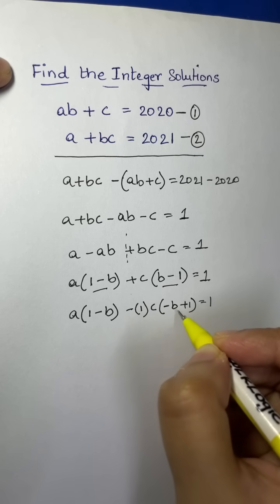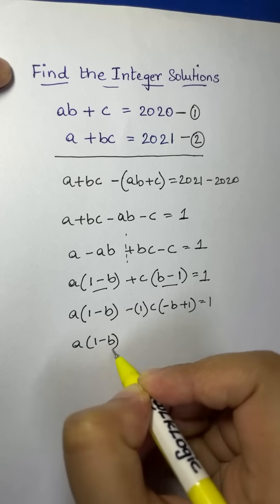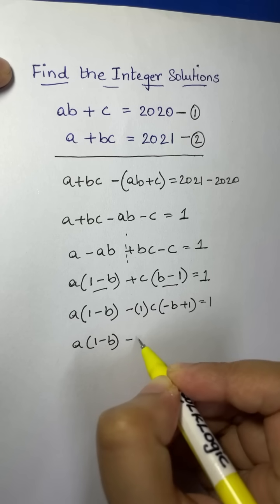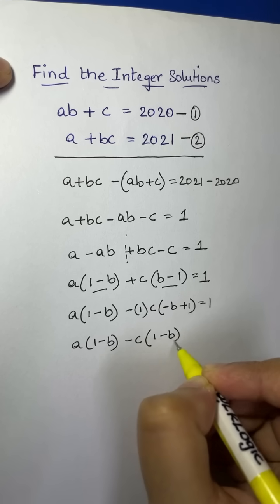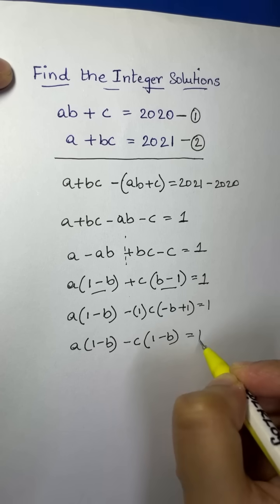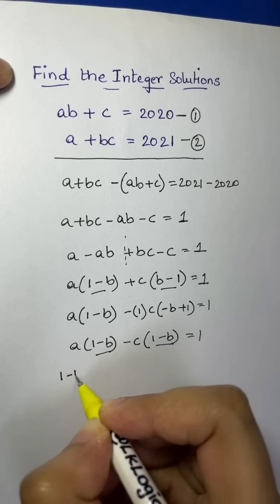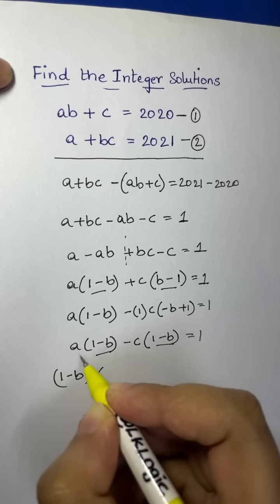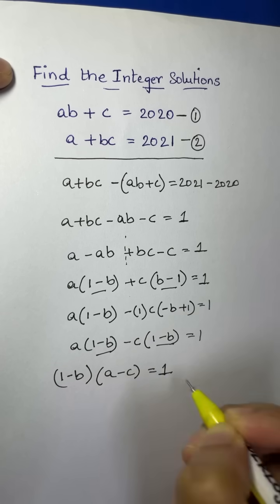So what did it become? A into 1 minus B minus C times 1 minus B equals 1. Now I can take out 1 minus B common in this. So 1 minus B into A minus C equals 1.